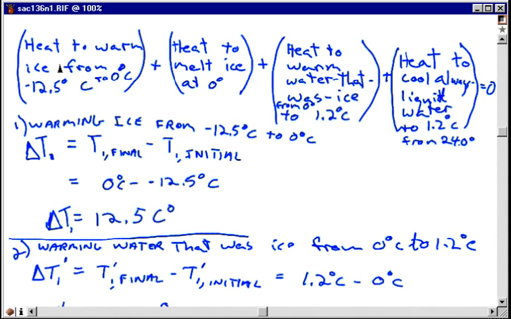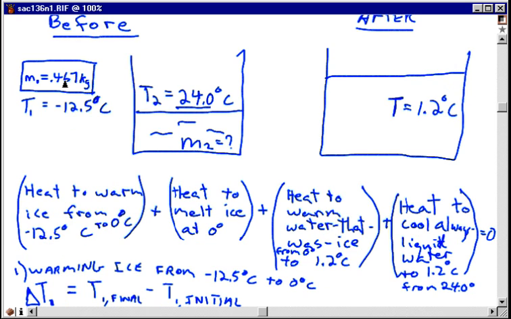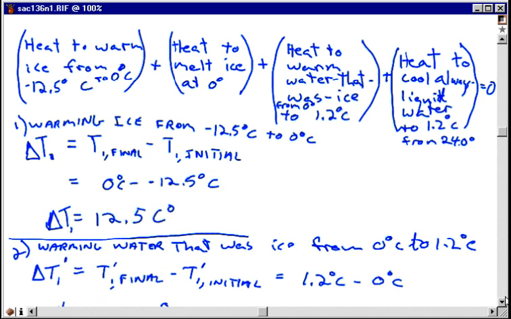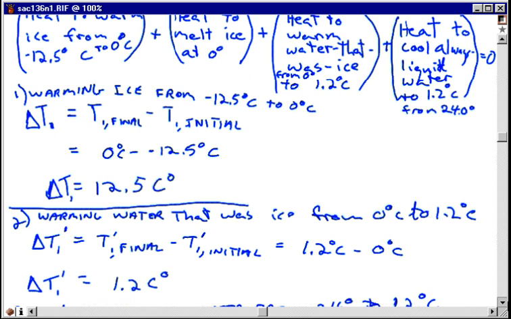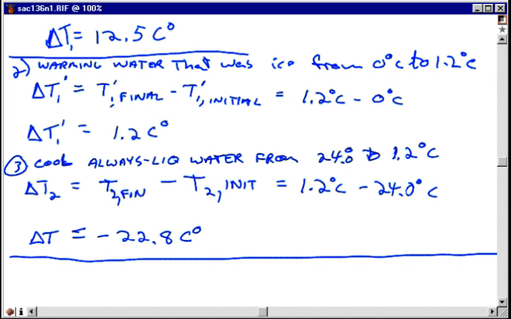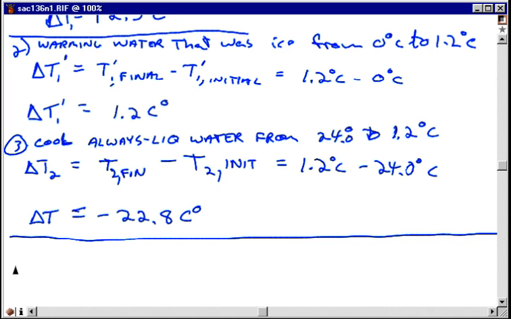If I call the heat Q, we're talking about MC delta T. So that'll be M1 times C for ice, specific heat, let's call it C sub S for solid, and then delta T1.